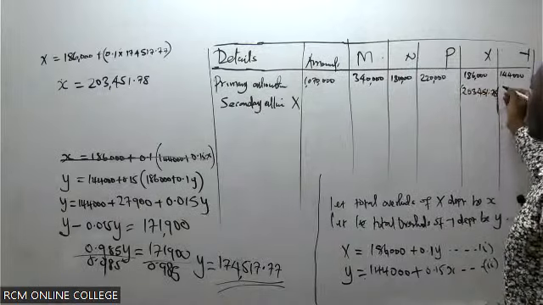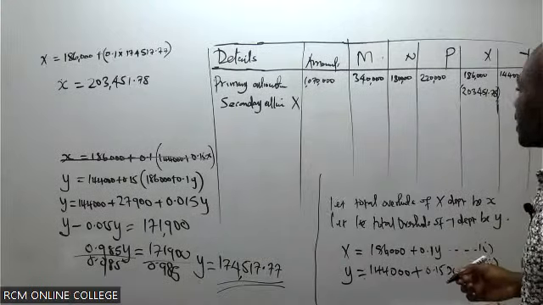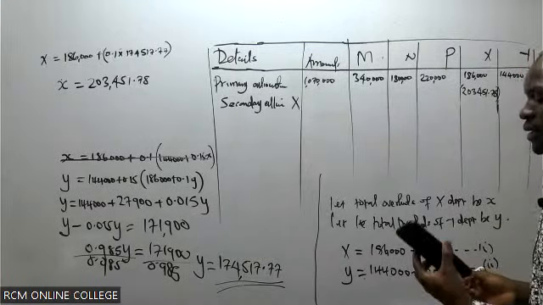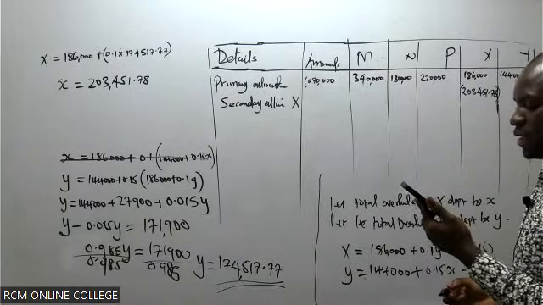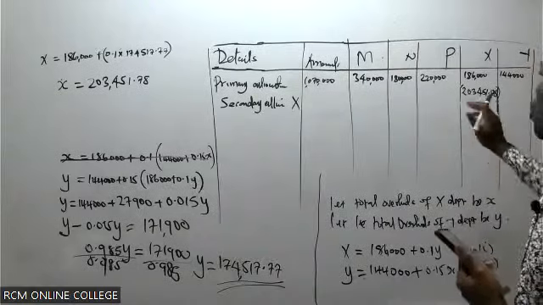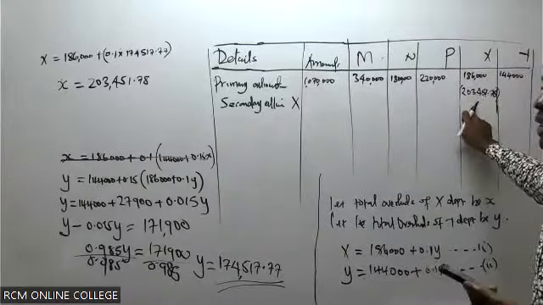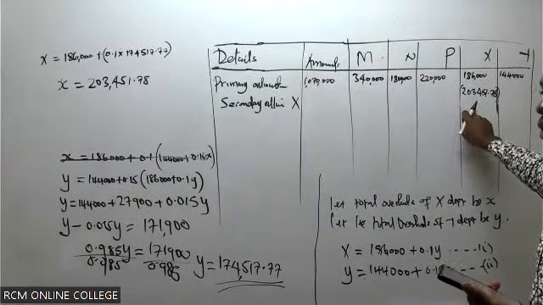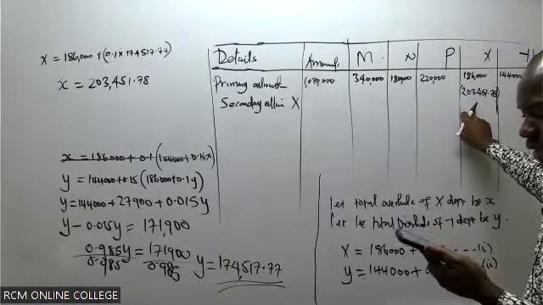If you're going to distribute this one, you distribute it based on the percentages that are given there. If X is giving out its total cost, what percentage is it giving to M? 20%. So someone should go ahead and give us 20% of this figure.